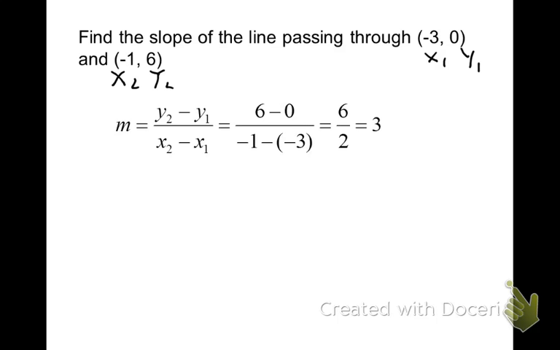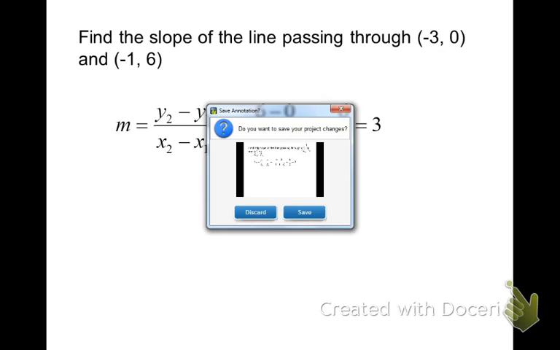So that's point 1 and point 2, and then I'm going to plug those into the equation and solve. And my slope here is going to be 3.